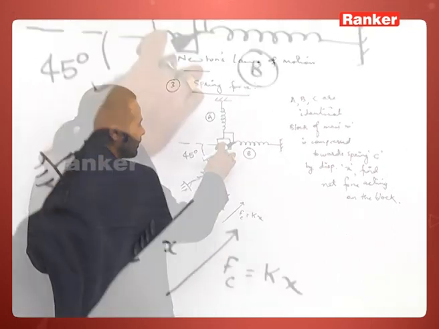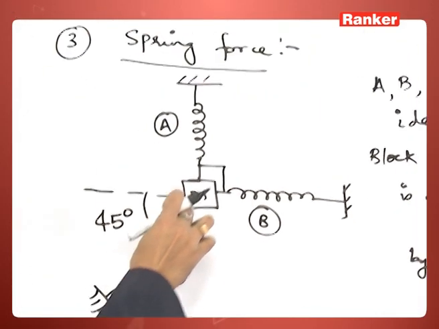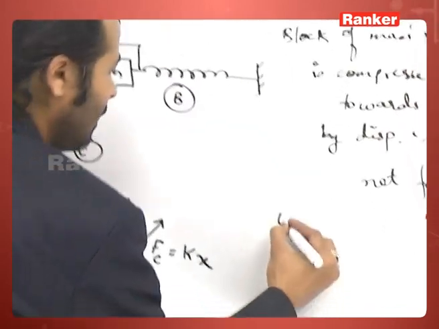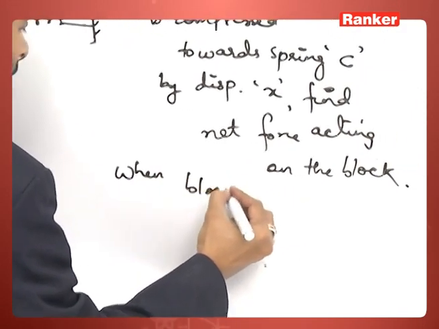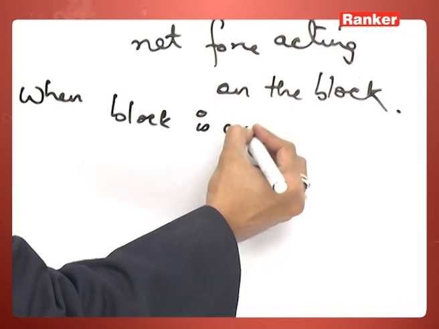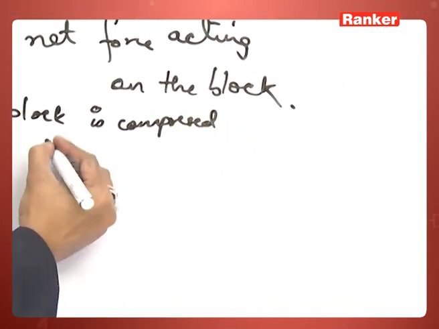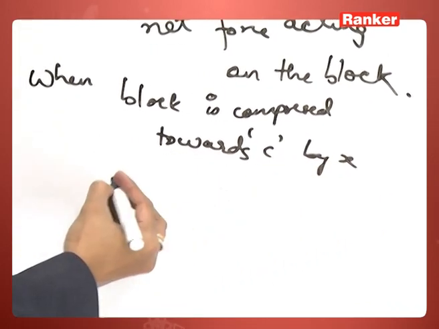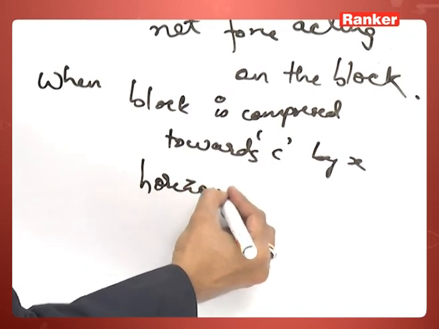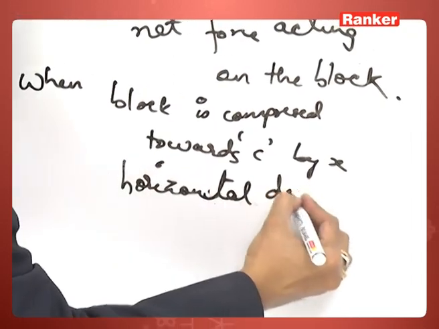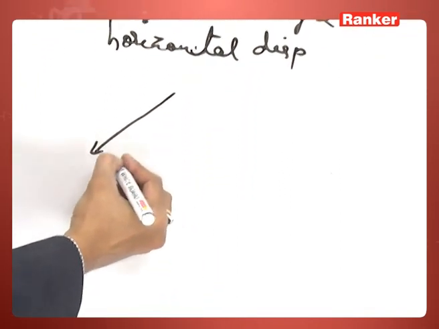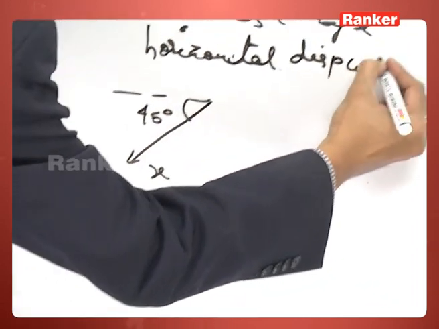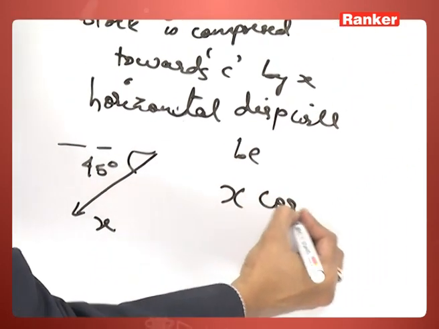Now, when this block is compressed towards C by x, the horizontal displacement, that means this is x, will be x cos 45.